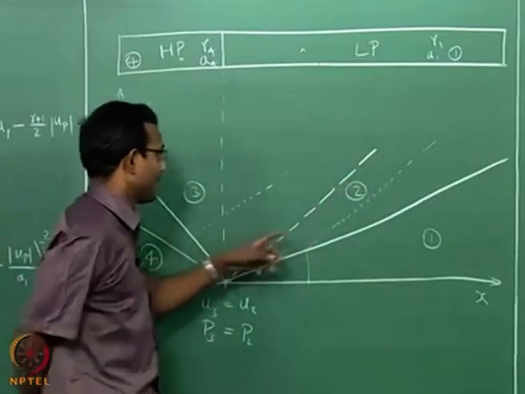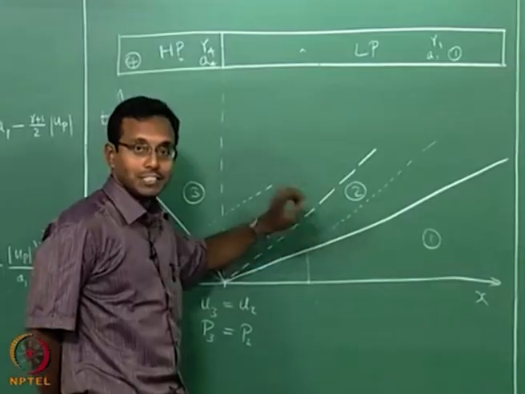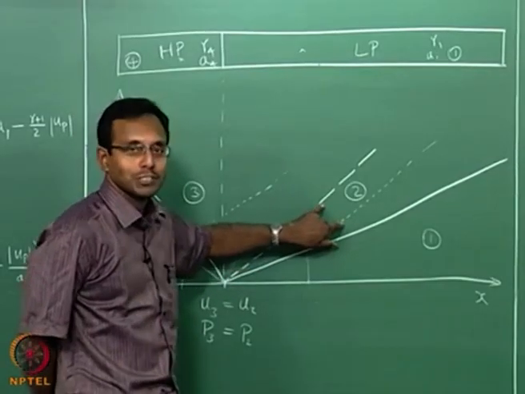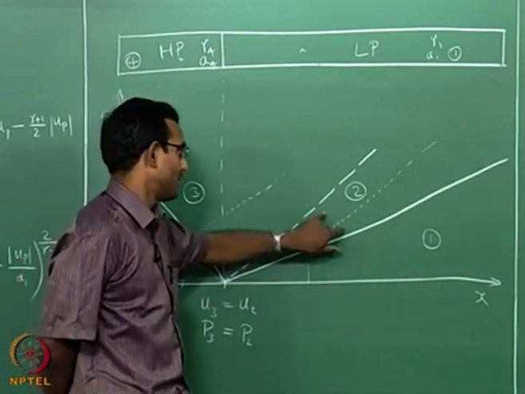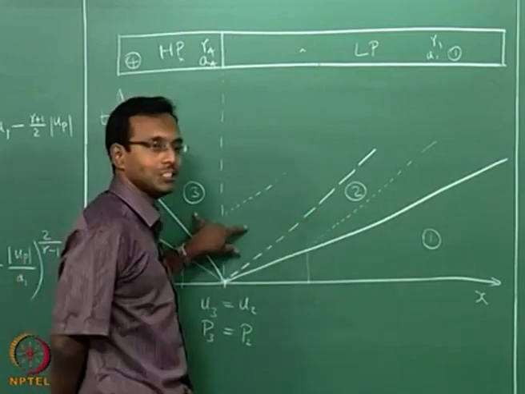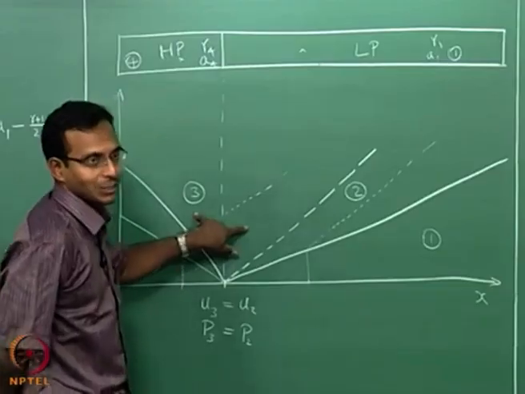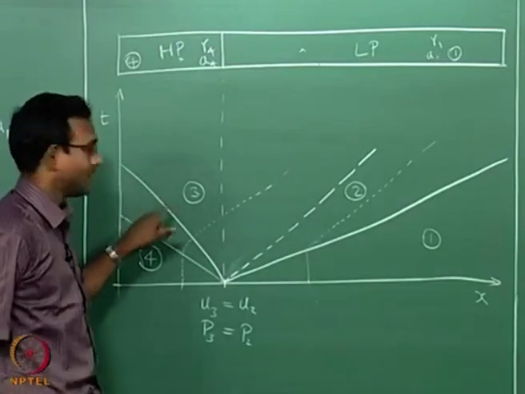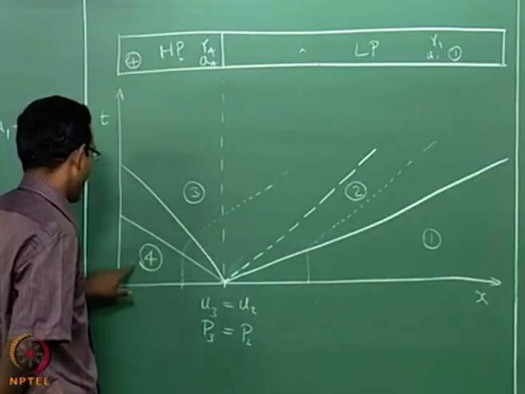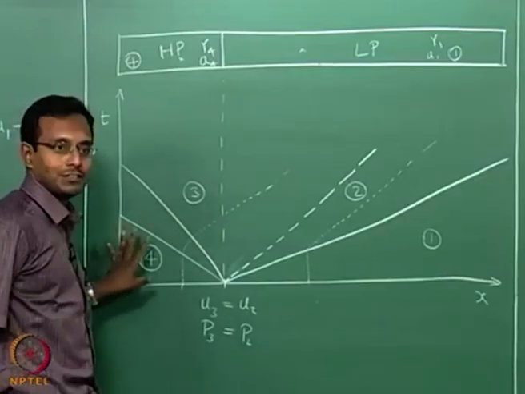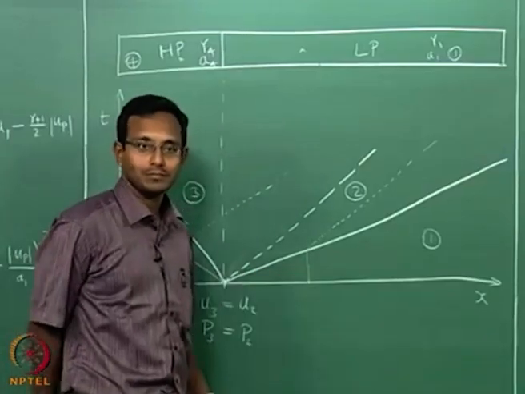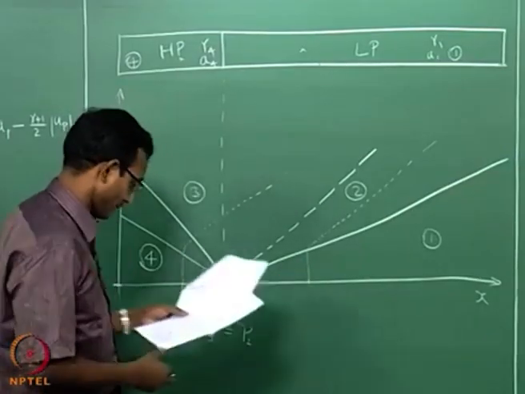Now I am calling the region 2 as the region where the gas that was processed by the shock is present, and 3 as the region where the gas that is processed by the expansion waves, all the expansion waves together are present, and region 4 is untouched and in the high pressure section, region 1 is untouched and the low pressure section. This is what we have.